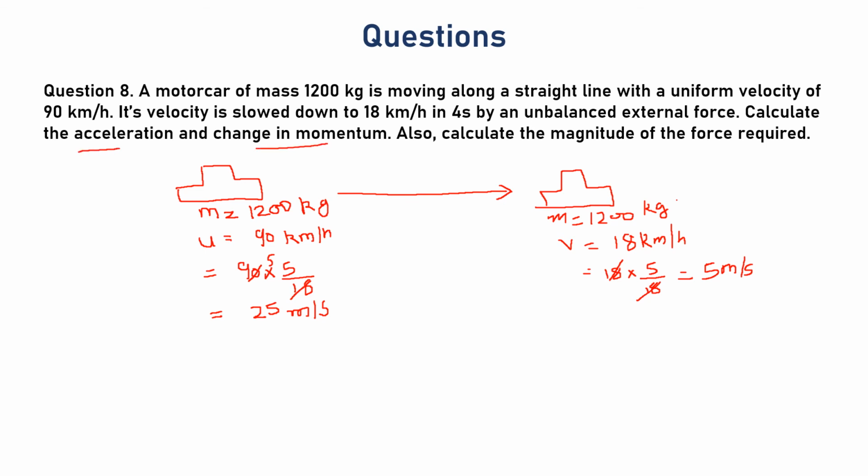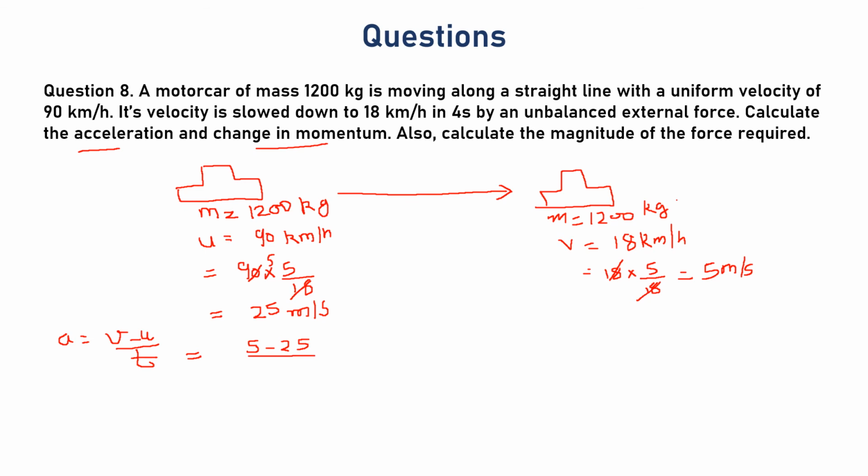So let's calculate the acceleration and change in momentum. What is the formula of acceleration? Acceleration a is equal to v minus u upon t. This is the formula of acceleration. What is v here? Final velocity is 5. So 5 minus initial velocity 25, divided by the time.